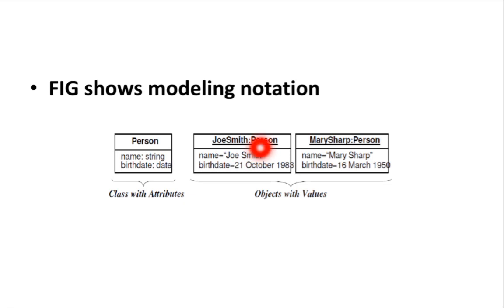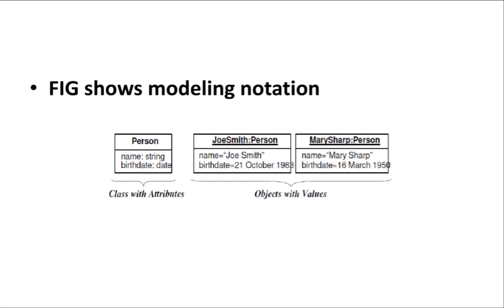In the same way as the class, the object name will be represented in the first compartment. Attributes of the object will be represented in the second compartment. You can see here, name and birth date are the attributes for the object Joseph. So this is the notation to represent the class with the attributes or the object with the attributes.